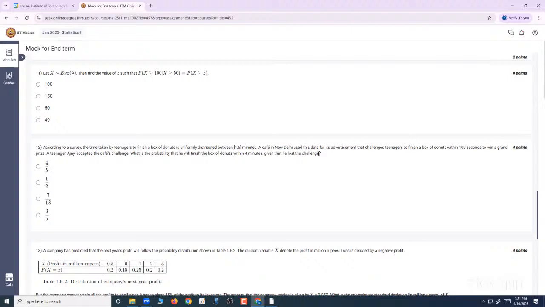So basically you have to find out the conditional probability. Correct?